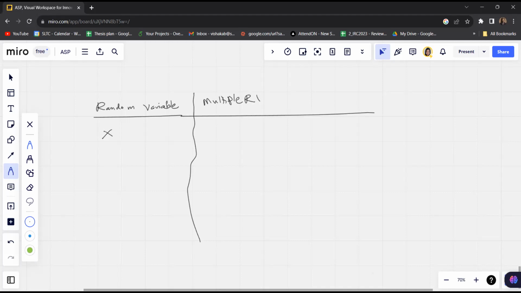When we have multiple random variables, we had to consider x, y, it could be going up to z, a, something like that. There are multiple random variables that we are considering, and based on all these x, y, z random variables, we infer something about the random variables.